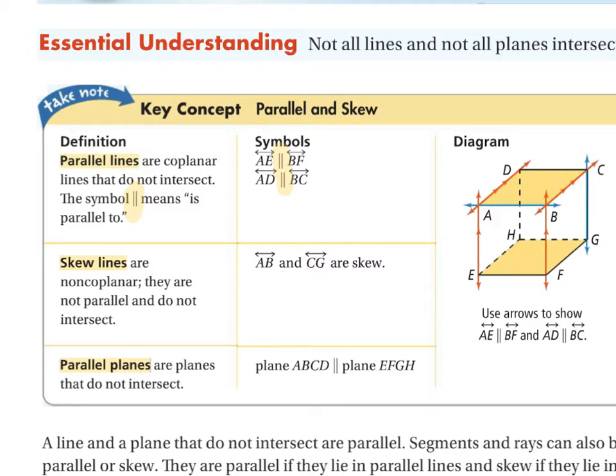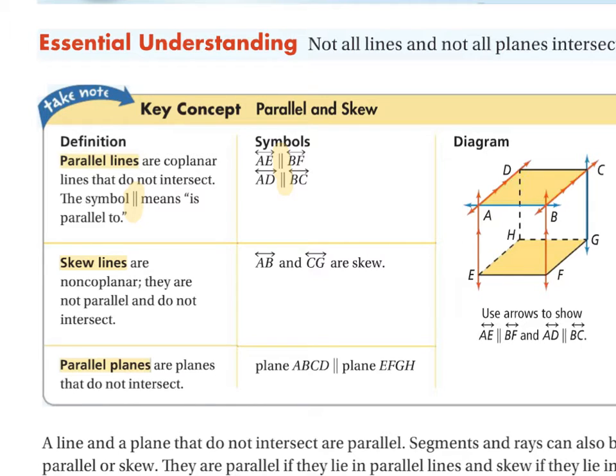Skew is that word. Okay, so planes can be parallel too. Like in this diagram, the top plane ABC and the bottom plane EFG, those are parallel planes.